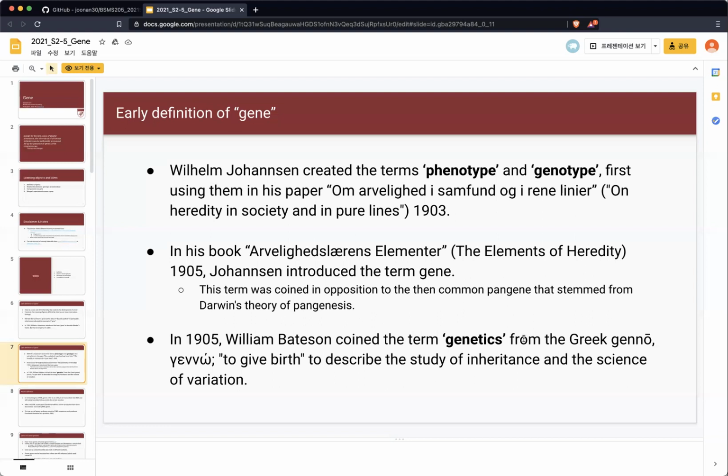He tried to describe all the disciplines and studies about how parents and children resemble each other, and how variation can happen in a population, all about inheritance. He wanted to call it genetics, and we still call that area of study genetics nowadays. Okay, so that was a short history of how the definitions of genes and related terms evolved over time.